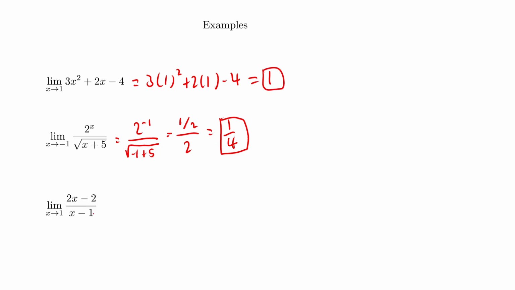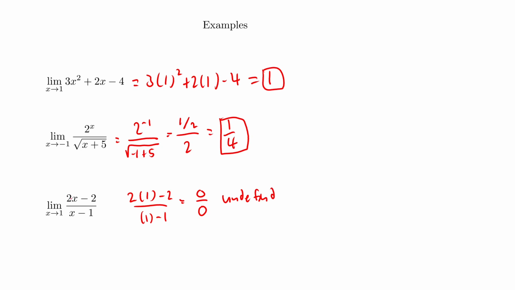But let's take this last example, because you get in the habit of doing substitution. Hey, that's going to work out. So we're going to plug in 1, and then we're going to plug in 1, and well, what do we get? Oh, we get 0 over 0, and this is undefined. Okay. Now, does that mean that the limit is undefined?